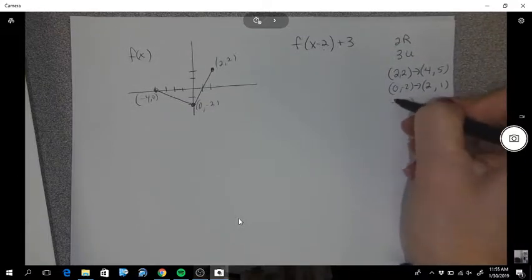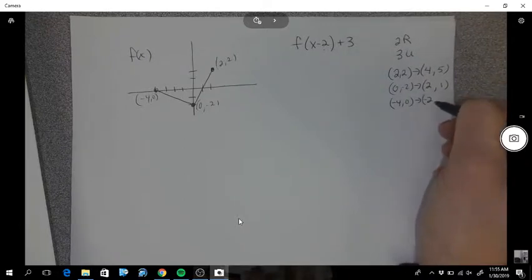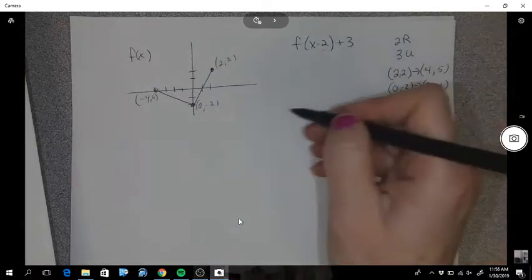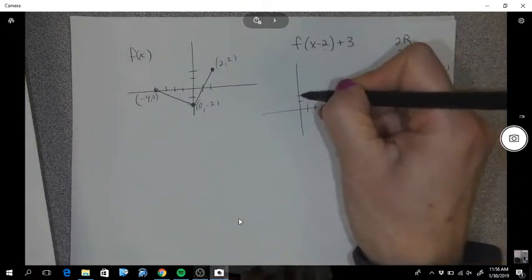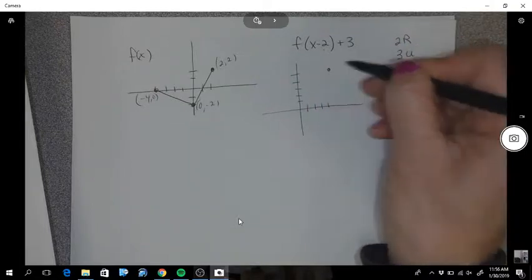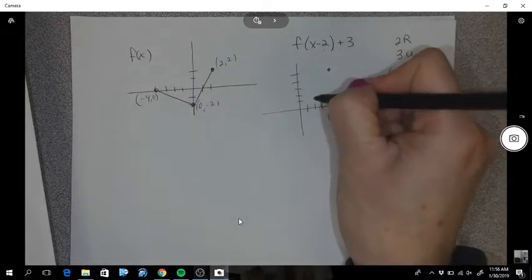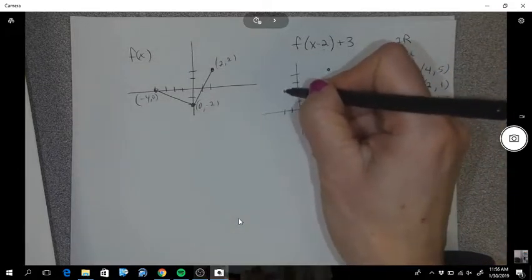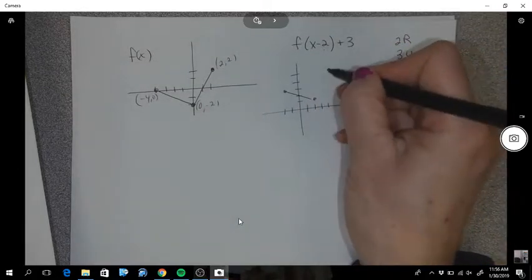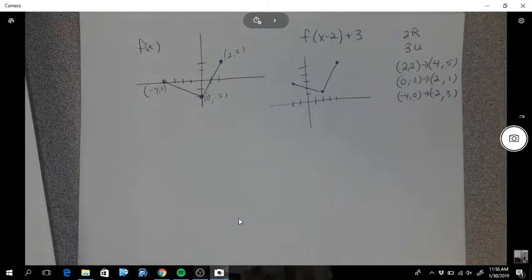And -4 is 0 going 2 right is -2, and up 3 is 3. That point (2, 1), and (-2, 3). So there's the new graph.